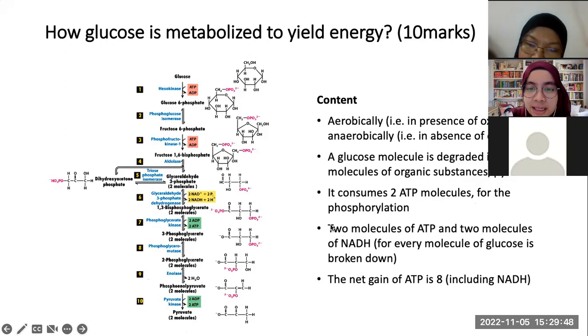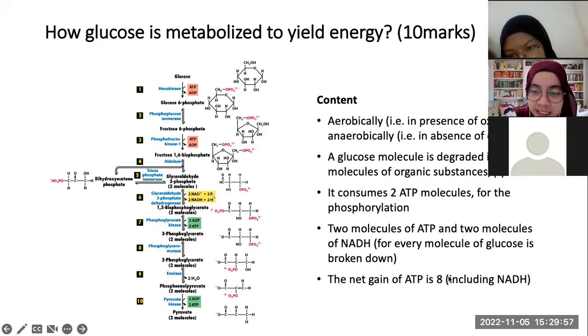And at the same time, 4 molecules of ATP and 2 molecules of NADH are produced, making the net gain 8 molecules of ATP. And this whole reaction can happen aerobically, with the presence of oxygen, or anaerobically, in the absence of oxygen. Okay, so these are your secured points.